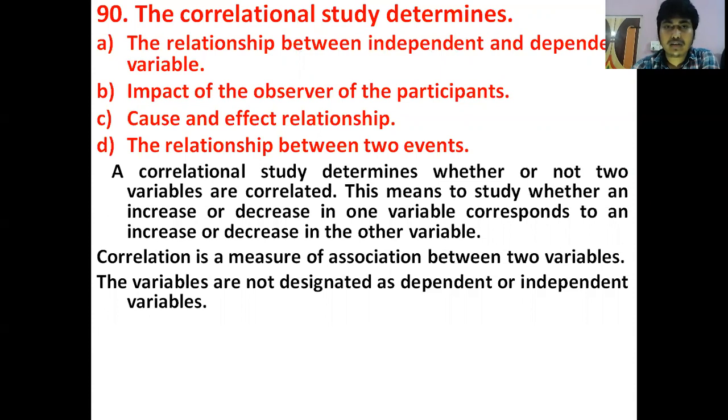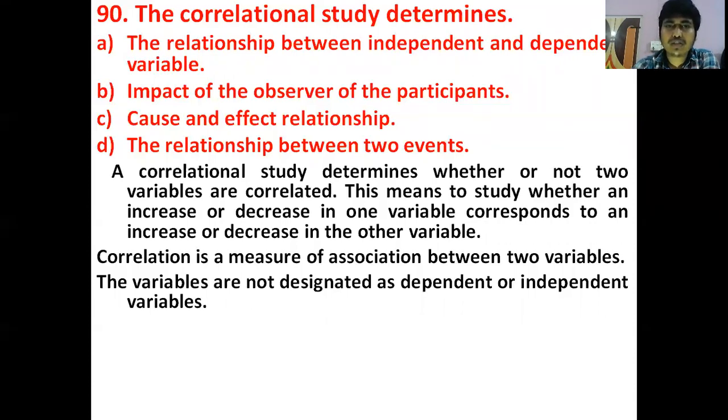The correlational study is further divided into three types: positive correlation, negative correlation, and zero correlation. If an increase of one variable deals with an increase of another variable, or a decrease of one variable deals with a decrease of another variable, this is positive correlation. And if the increase of one variable deals with the decrease of another variable, and the decrease of one variable deals with the increase of another variable, this is called negative correlation. And when there is no correlation between the two variables, we can say this is zero correlation.